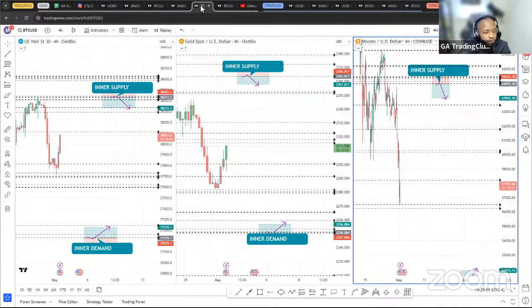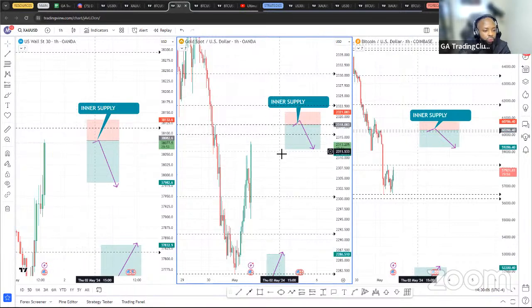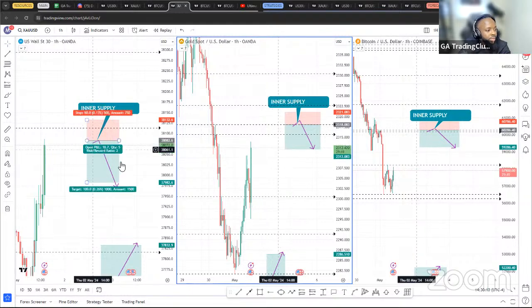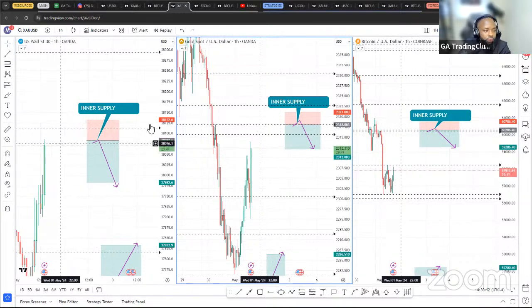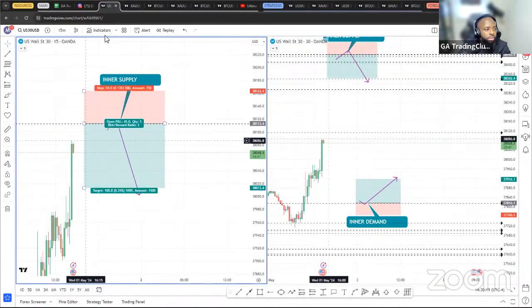So right now, based off of what I'm seeing, my two setups that I'll probably be taking post 2:30 p.m.: hourly sell on gold at 2,318. There goes the hourly sell on US 30. So the ones I'll probably take: hourly sell on gold and 15-minute sell on US 30.